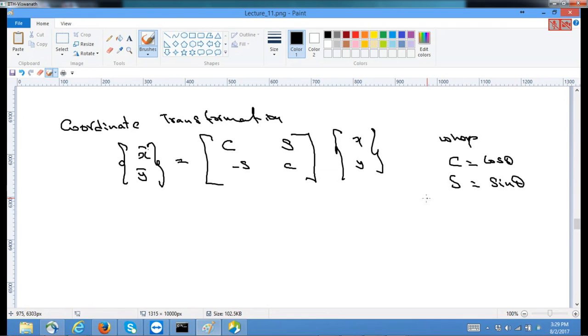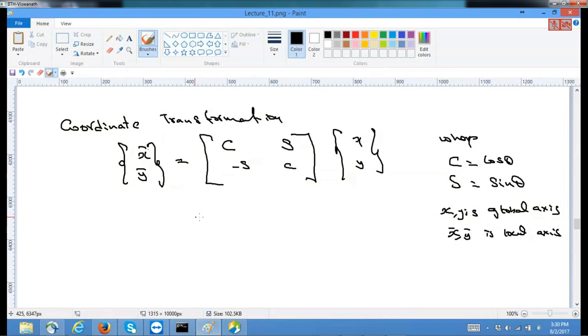Here x, y is the global axis, and x bar, y bar is the local axis.